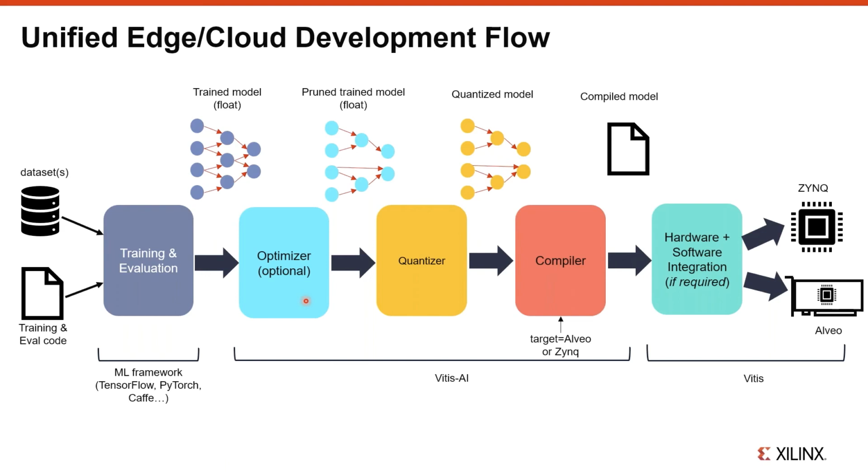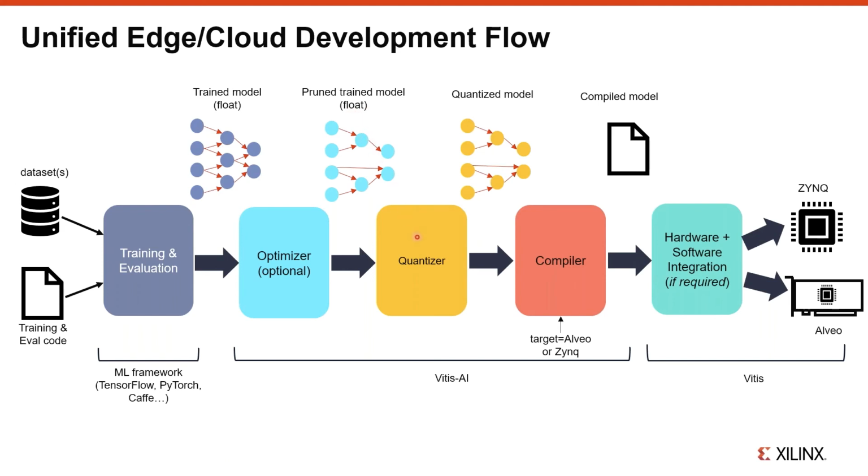Reducing those number of operations obviously will increase the throughput and reduce the latency. Okay, so we go from a full floating point model through the optimizer, and the pruned model has, as you can see here, some nodes that are missing, some connections that are missing, but it is still floating point.